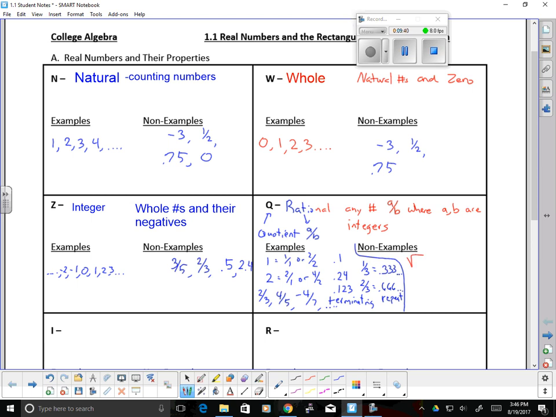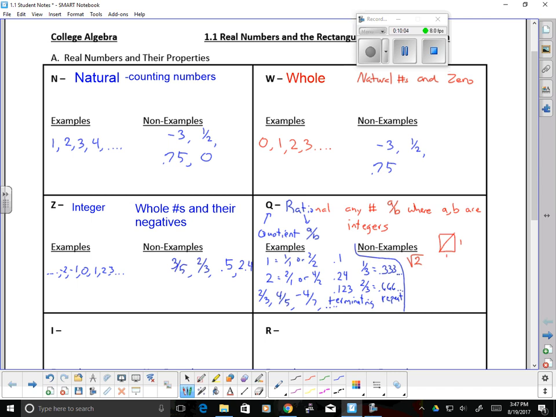For example, a square that has sides 1 and 1, to get the length of the diagonal, it's 1 squared, which is 1, plus 1 squared, which is 1, is 2. And the square root of 2. Well, that is a number that cannot be written as a whole number or as a natural number or even as a ratio of two numbers.